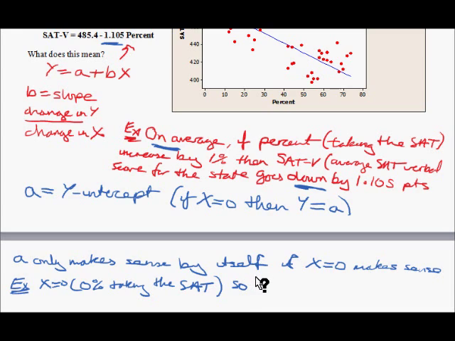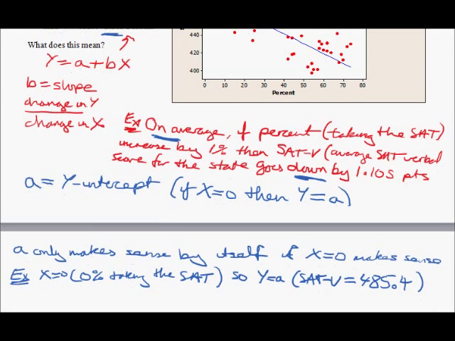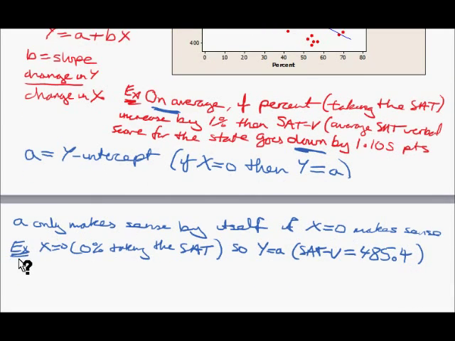So y equals a, the SAT verbal score, the average SAT verbal score equaling, in this case, 485.4. In this case, it makes no sense.